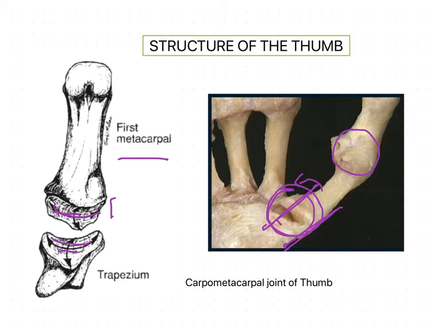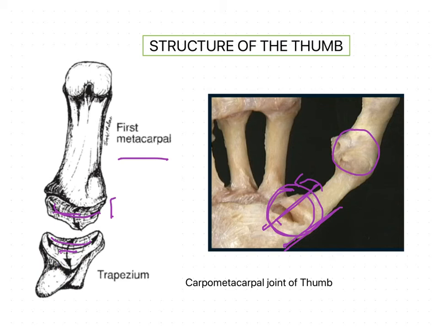If you see the functional significance of this joint, it has a unique range and direction of motion at the first carpometacarpal joint, which produces opposition of the thumb. Opposition takes place in a sequential order: abduction, flexion and adduction of the first metacarpal with simultaneous rotation.